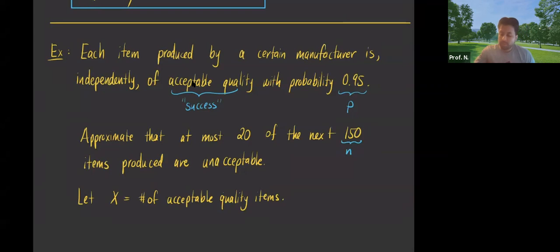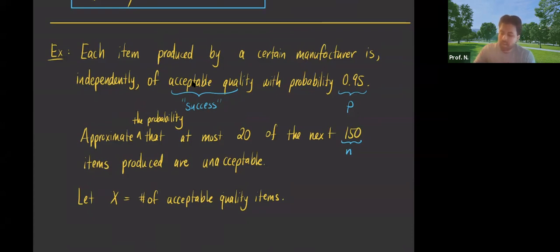So if I want to know the approximate probability, did I miss something? Yeah, pardon me, I missed the statement. Approximate the probability that at most 20 of the next 150 items produced are unacceptable. So if at most 20 are unacceptable, how do I revert that to being acceptable?